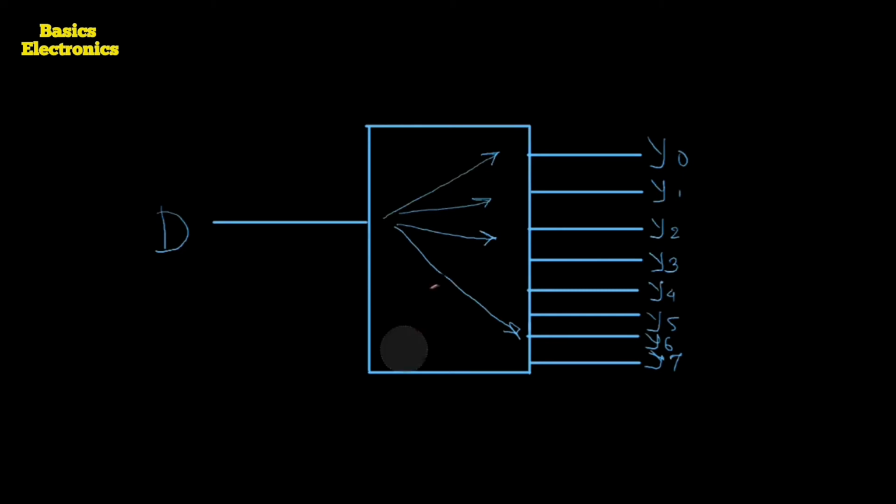Here the select inputs are required. We show the select inputs at the lower side, and here 3 select inputs we require. Why do we require 3 select inputs? There is one formula that we had seen yesterday, as well as when we saw the multiplexer. The formula is n equals 2 to the power m.